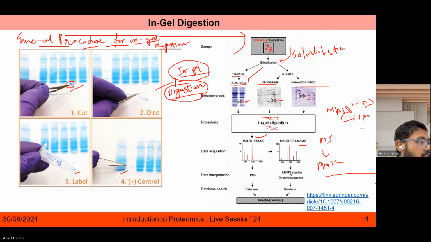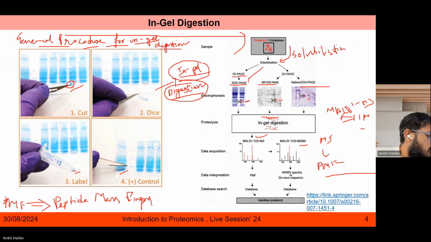So what is PMF? PMF stands for peptide mass fingerprint.